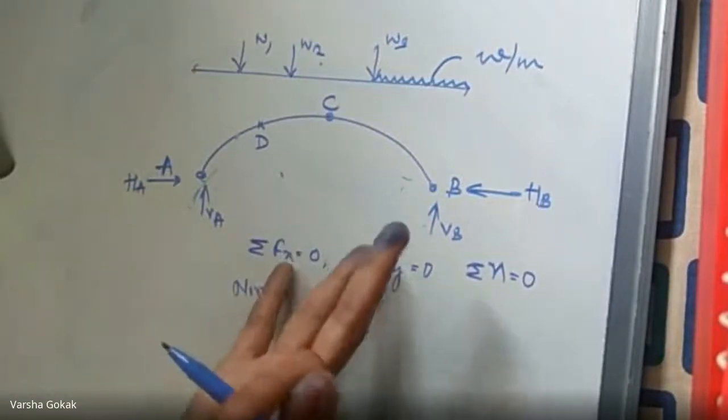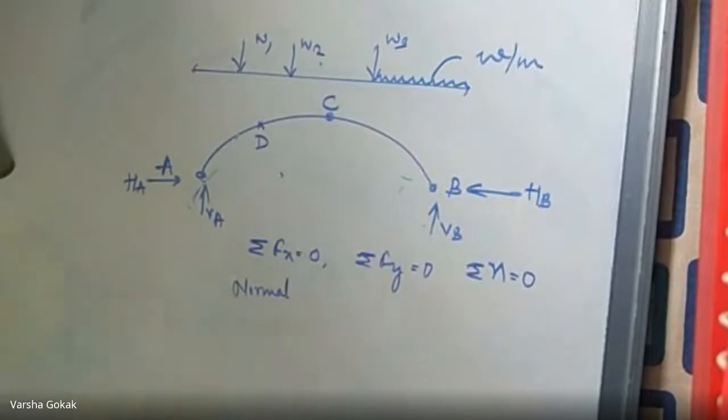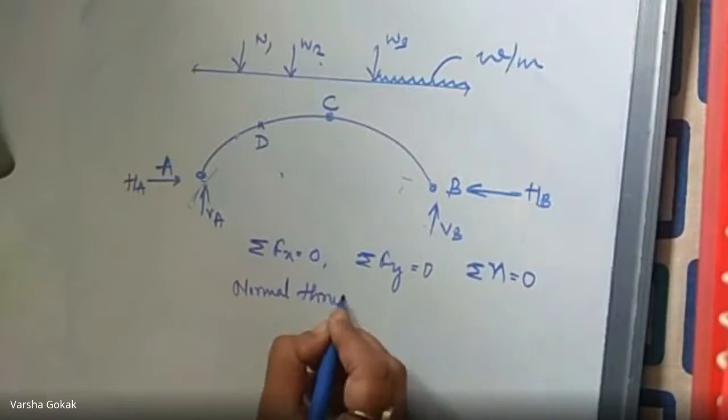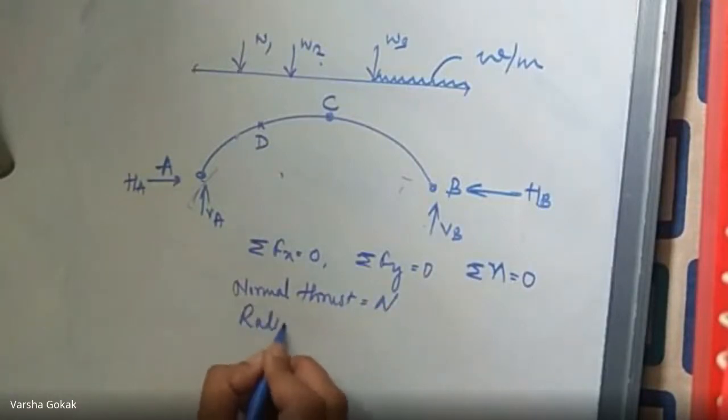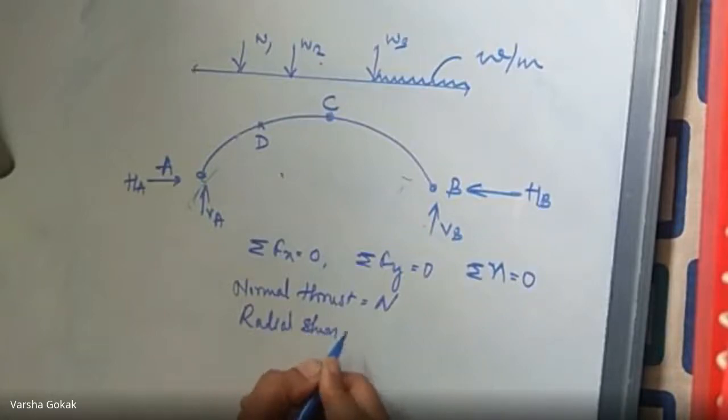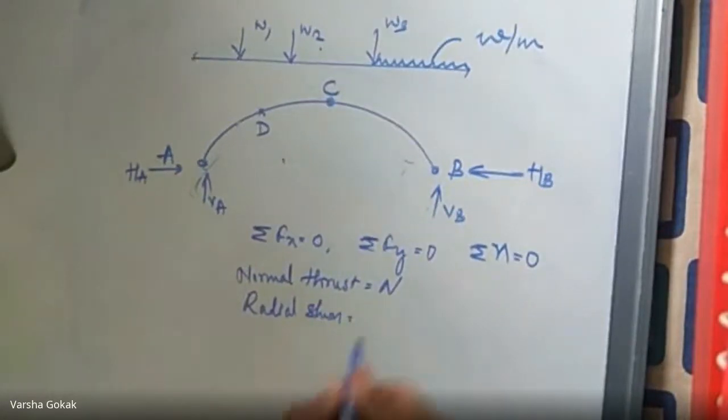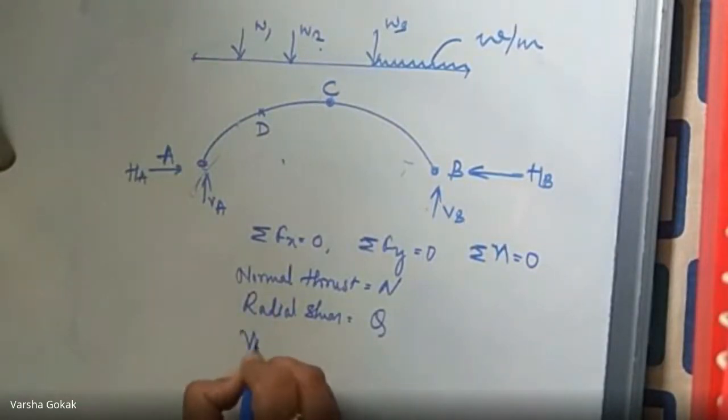What are the three things that we have to find in case of arches? Your normal thrust, which is N, and then you have radial shear. Yes, anybody's got any doubt? Yeah, radial shear is Q, and what else is there? Normal thrust, radial shear, and vertical shear.